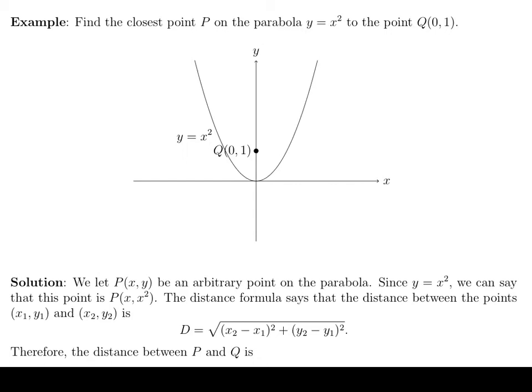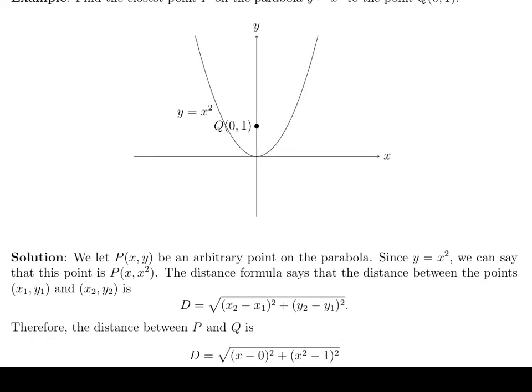So then we can write down an expression for the distance between P and Q. And it's going to look like this. So our point P is x, x squared. The point Q is 0, 1. If we plug those into the distance formula, we get the square root of x minus 0 quantity squared plus x squared minus 1 quantity squared.